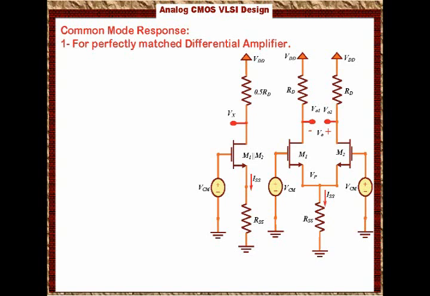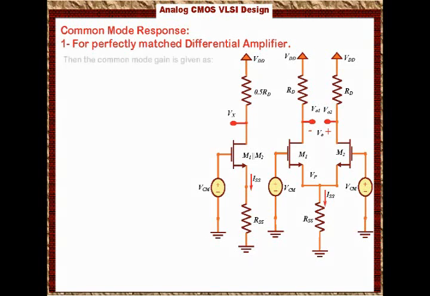It's a common source amplifier with a degenerated resistance. Then the common mode voltage will be amplified at the output, and it will have the same voltage at both ends. Vout1 and Vout2 will have the same common mode voltage, and their voltages will also swing.